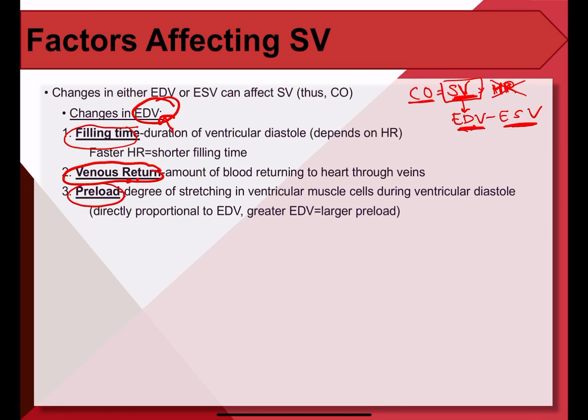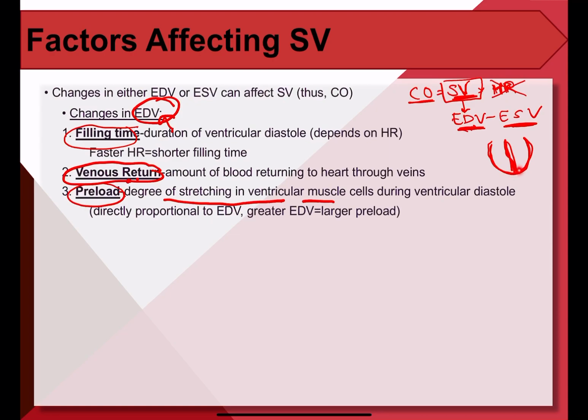Preload has to do with the degree of stretching you can have with the ventricular muscle cells during ventricular diastole. Remember how I said the ventricles get plumpy when they are relaxed? Here's the left ventricle and here's the right ventricle, and they get plumpy and round. Well, sometimes those muscles are not plumpy and round.